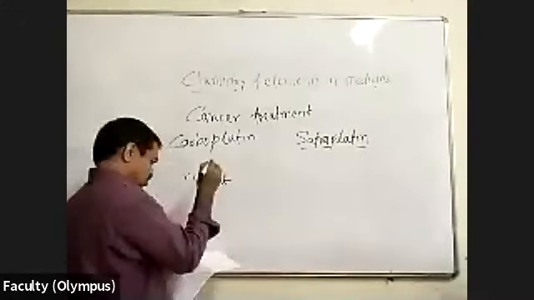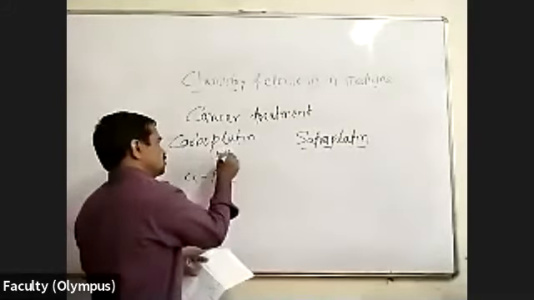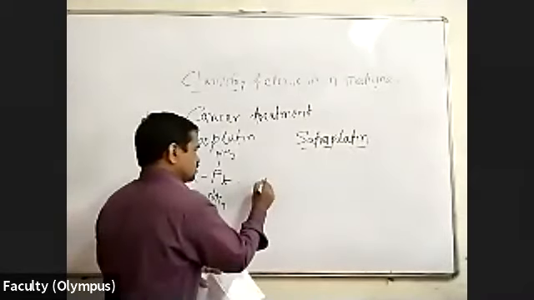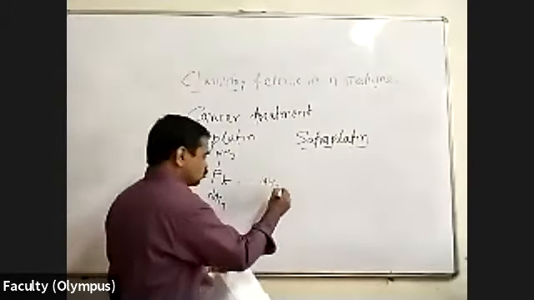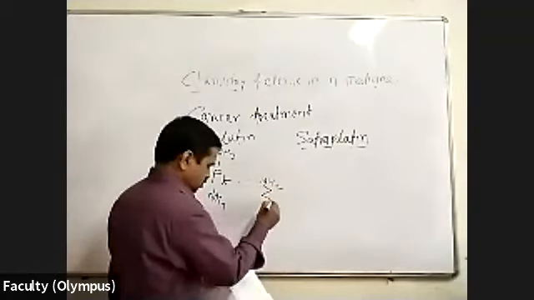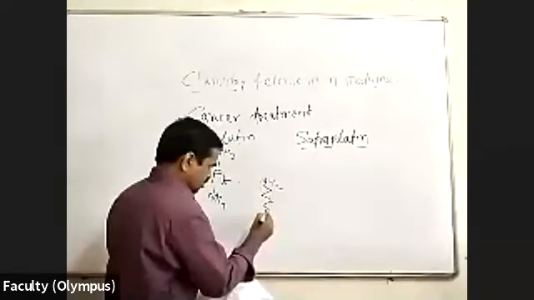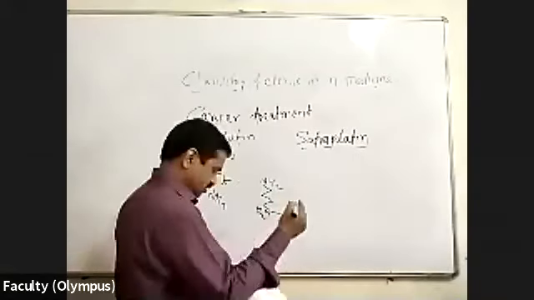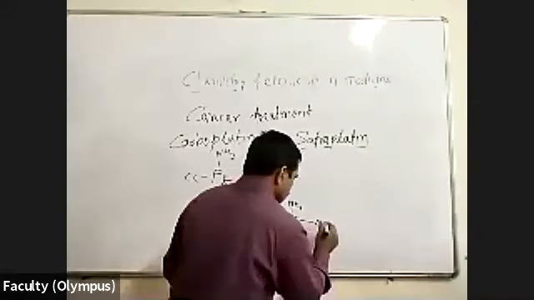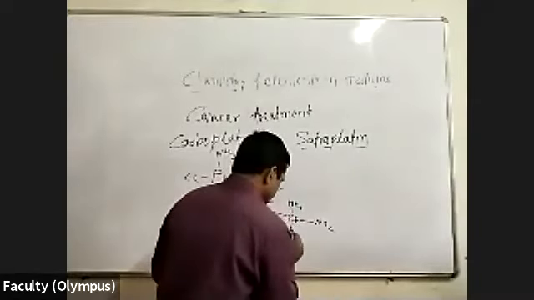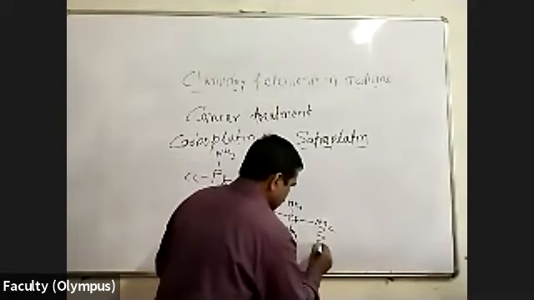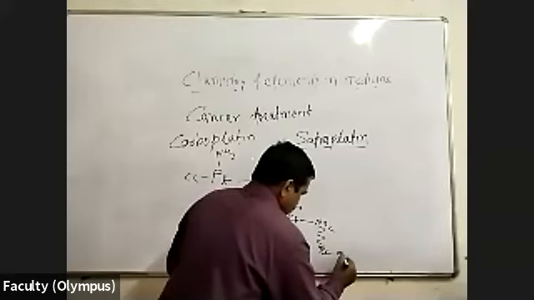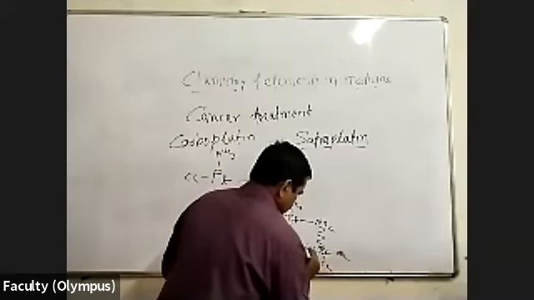Platinum, Cl, NH3, NH3, NH2, then it is bound. Again, it is NH2, platinum, NH3, NH2, NH3, then again it is bound with platinum, NH2, Cl, NH3.